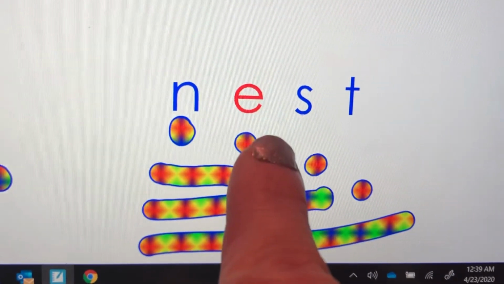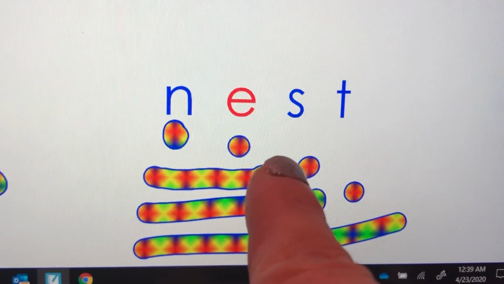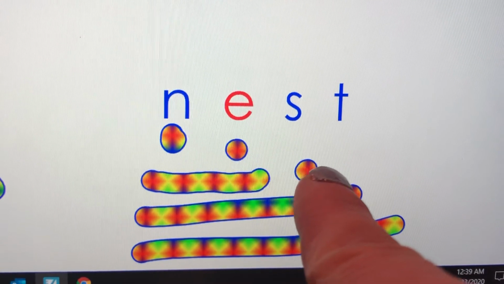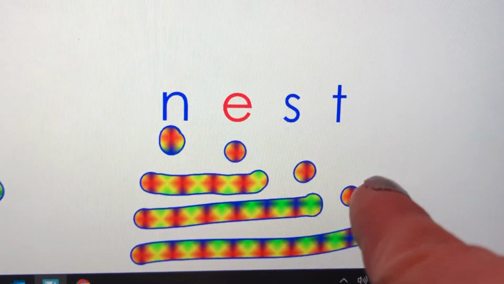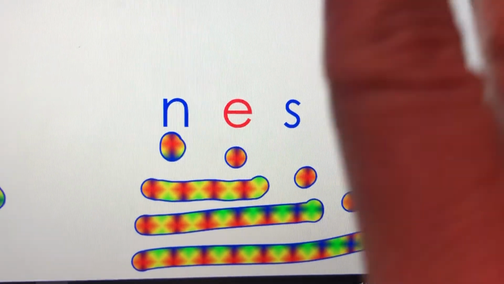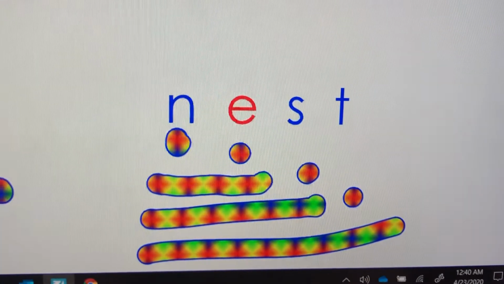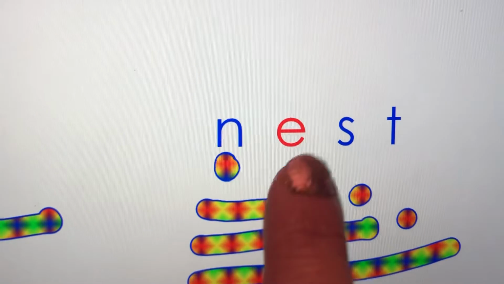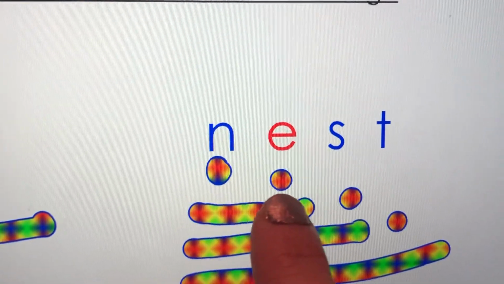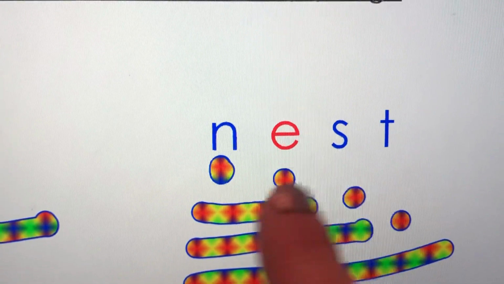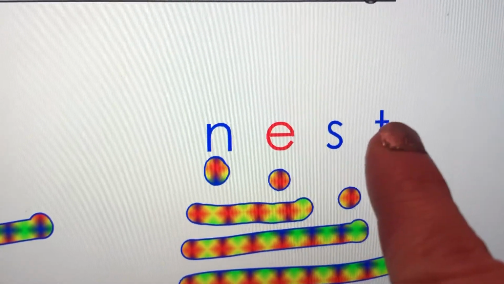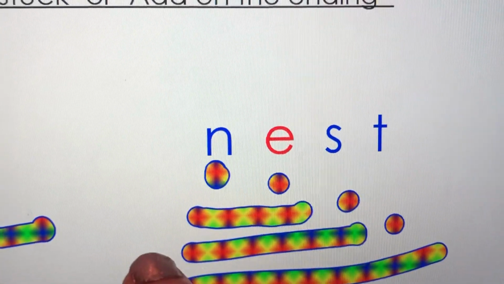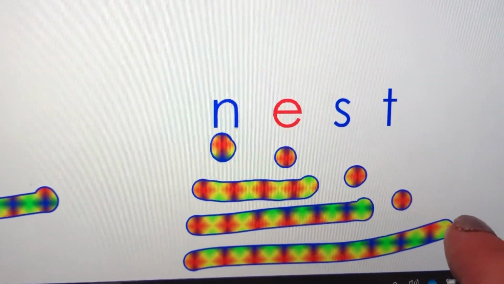So we tap out the first 2, blend those together, add on the 3rd letter sound. Blend those together and add on the final, which is the 4th letter sound. Then we blend the whole thing. Here we go. N, e, ne, s, nest, nest.